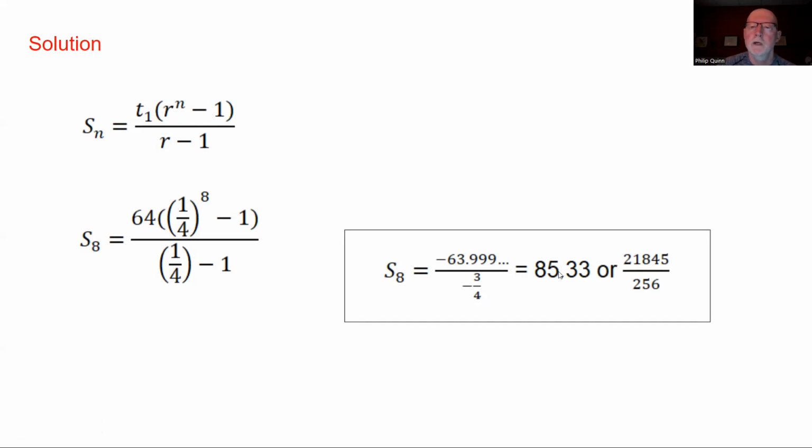And dividing these two, we get this decimal that repeats. It's just rounded here, but it repeats. But if we were to press the fraction button in our calculator, it comes out to this fraction, 21,845 over 256. Okay, so that would be the sum of the 8 terms of this geometric series.